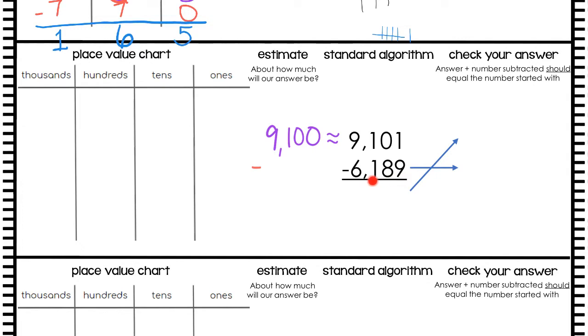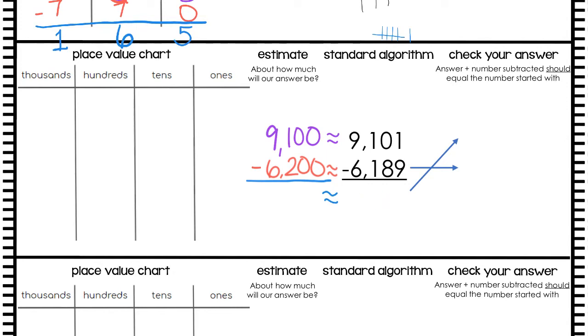If we round to the nearest hundred, it's about 6,200. And we are putting our equal sign. Those are about the same. So my estimate needs to be about equal to my answer.